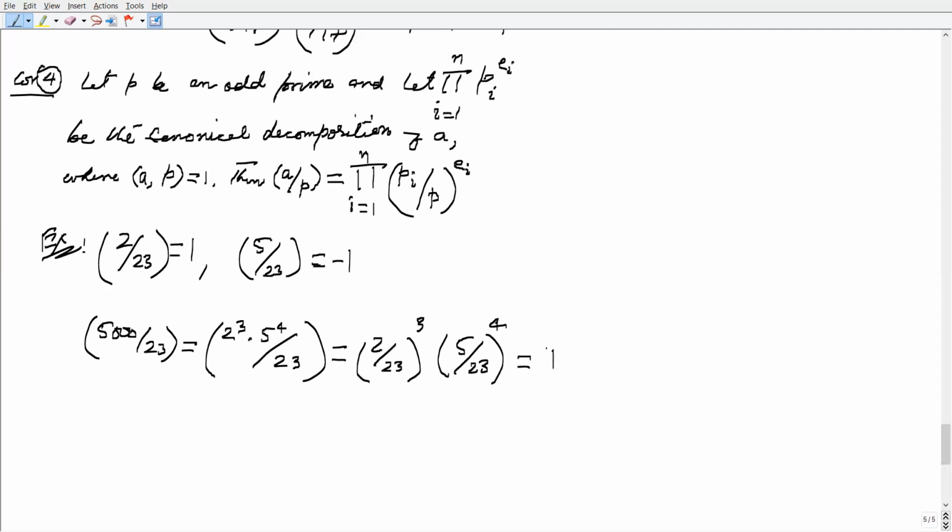This is 1 to the power 3 and -1 to the power 4, so this is 1. Okay, so thank you. We will discuss Gauss lemma in the next class, inshallah.